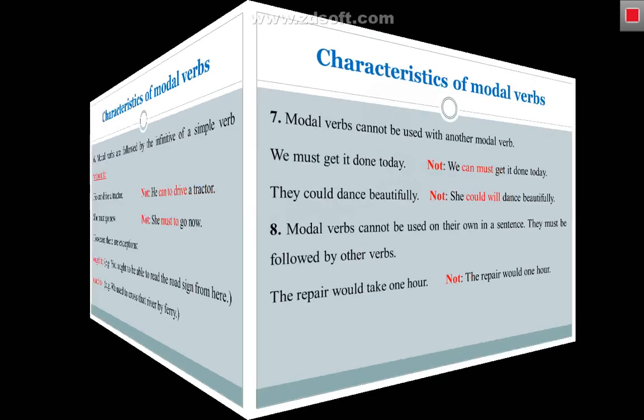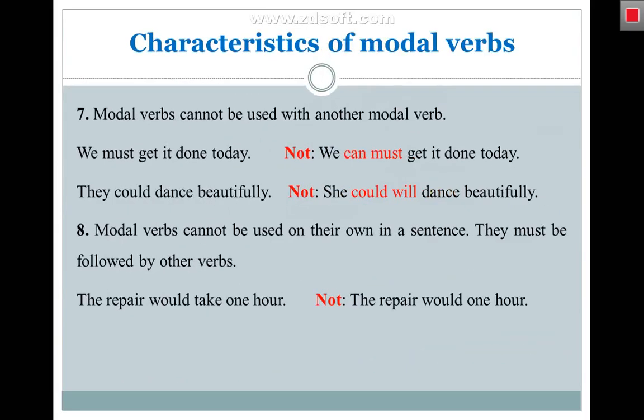Good. Next, modal verbs cannot be used with another modal verb. You cannot have two modal verbs in one sentence, one directly after another. I mean consecutively. We must get it done today, not "we can must get it done".